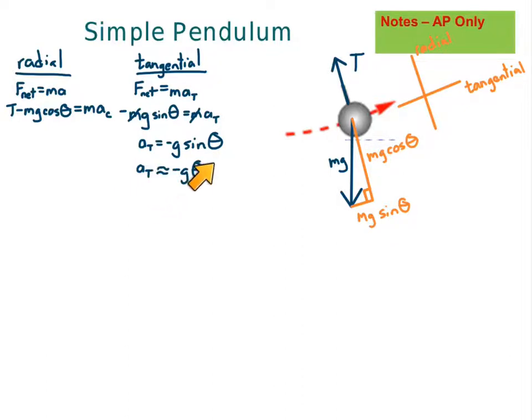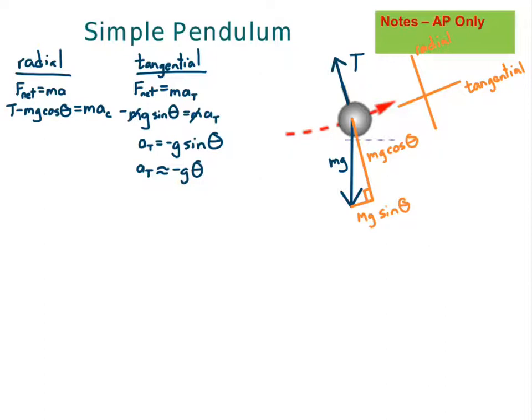Up to this point, I've proved to you that you really do get a_t equal to negative g times sine theta. What I did before, when I prepared this, is I went ahead and did the approximation. So I'm going to approximate sine theta as approximately equal to theta. Now, I need to remember that tangential acceleration is equal to alpha times the radius of the circle.